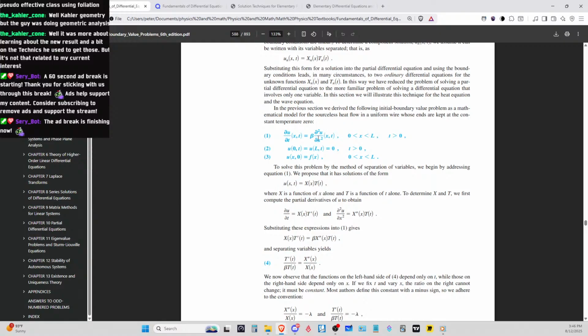This one has a second partial derivative in it, second order, and this one's first order.